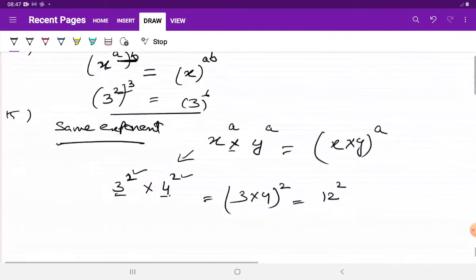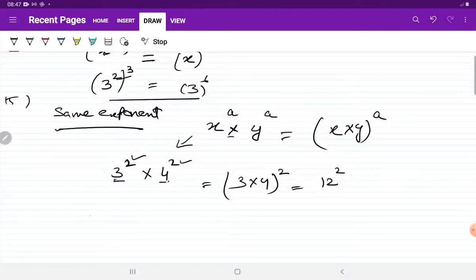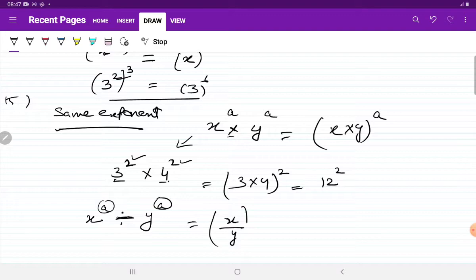So if the numbers are dividing with same exponent, like x raised to power a divided by y raised to power a, again your exponent is same, the difference is only the sign. Here it is division. So x raised to power a divided by y raised to power a is what? Both numbers will divide, x upon y, with the common power a.